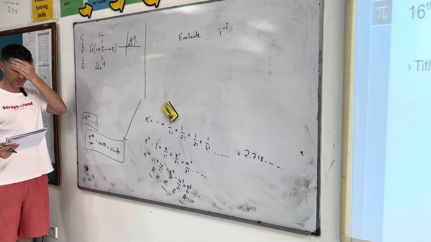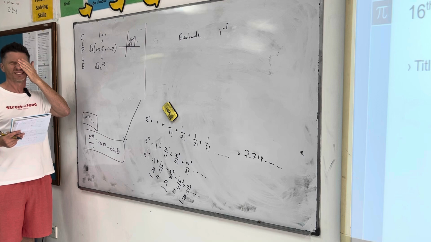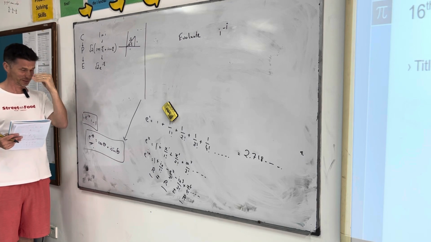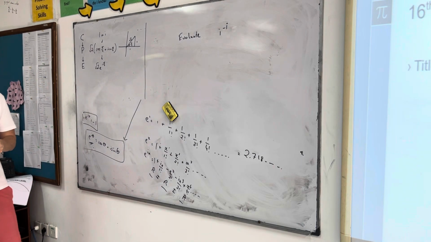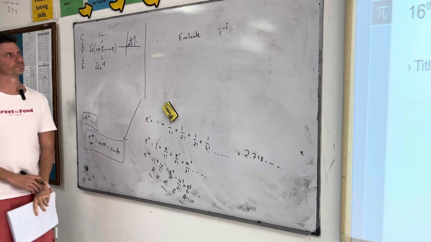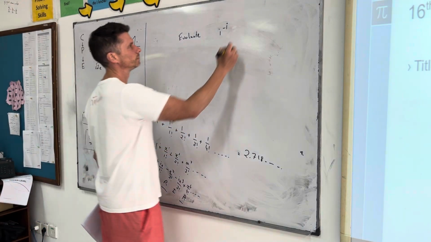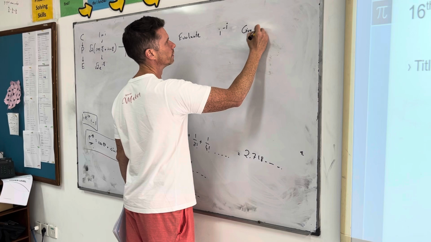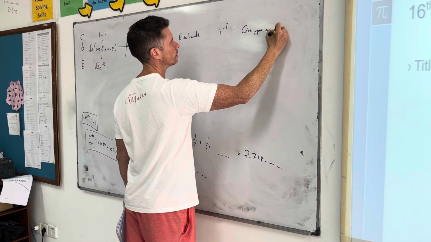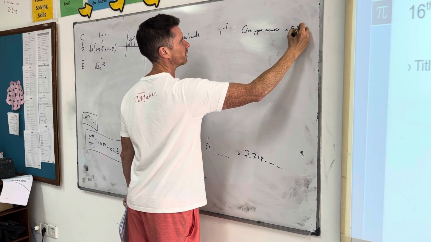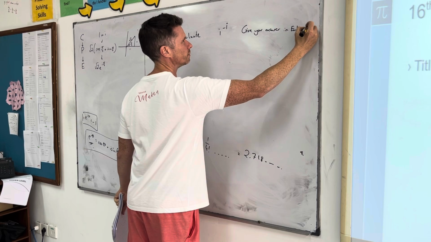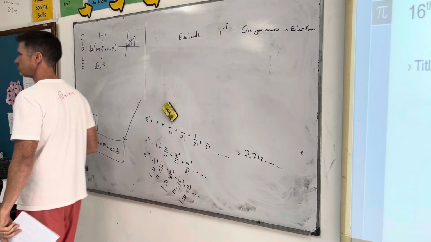What is i to the power of minus i? Because we're multiplying i by itself negative i times, which is a number that doesn't quite exist. We want to give our answer in Euler form.